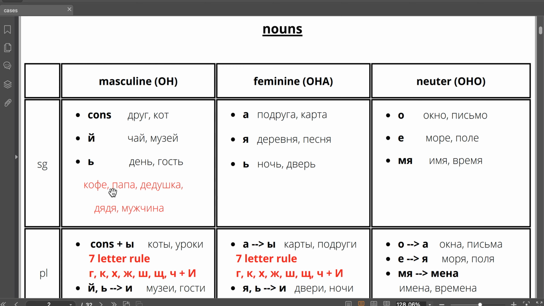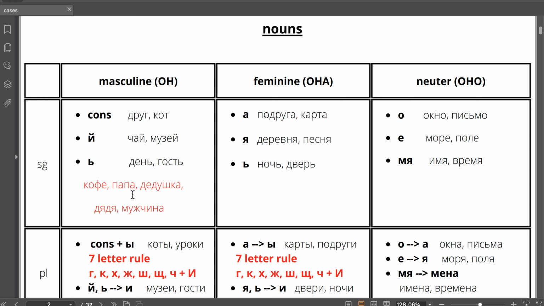And then we have 4 beautiful guys. I call them the Beatles. We have папа, дедушка, дядя, мужчина. You see how I pronounce the word man, мужчина. They are masculine.